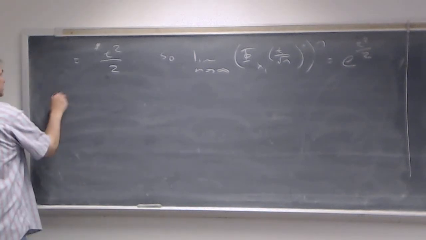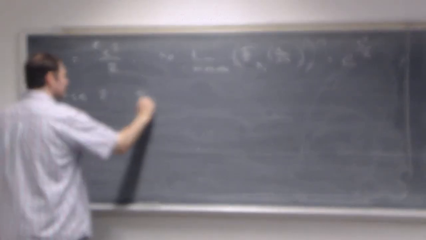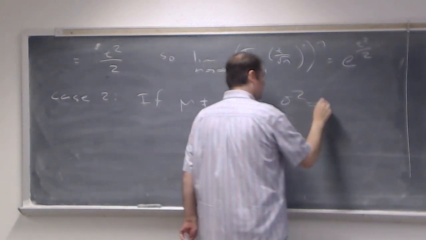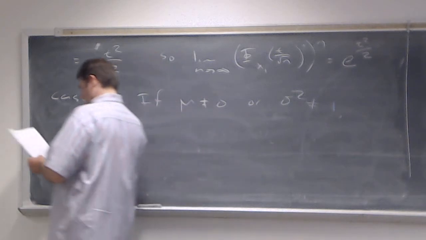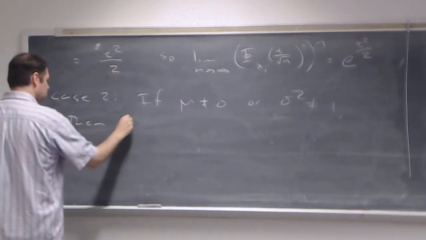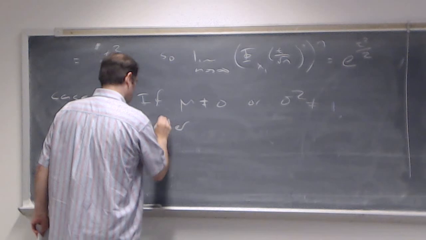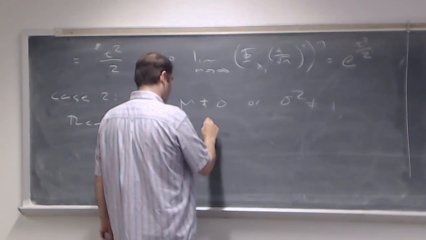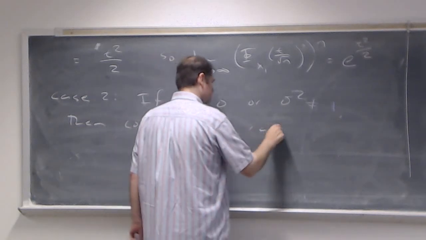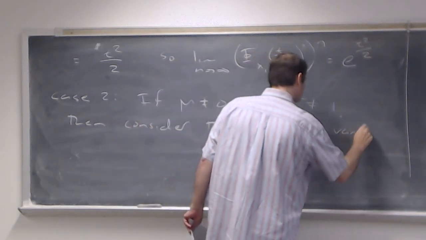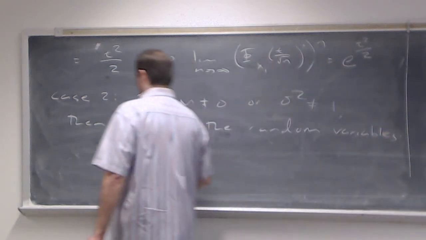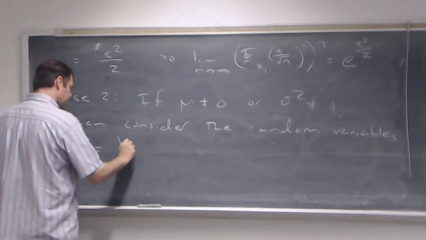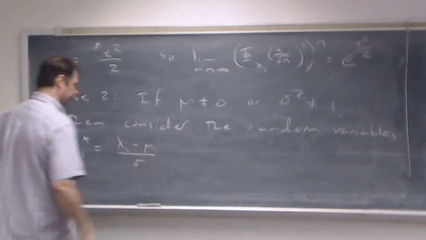Now, case 2 is if mu is different from 0 or sigma squared is different from 1, then we're going to consider the random variables x sub i star, equal to x sub i minus mu over sigma.